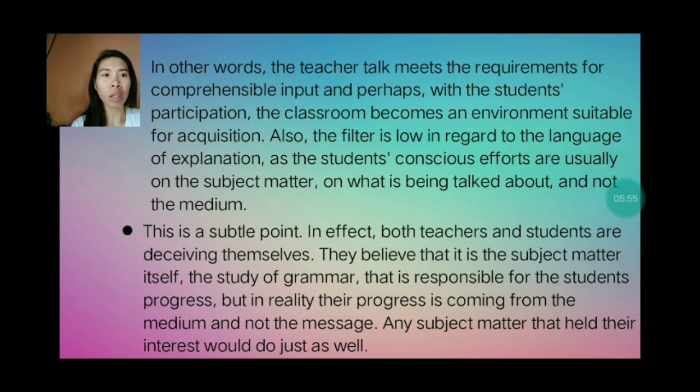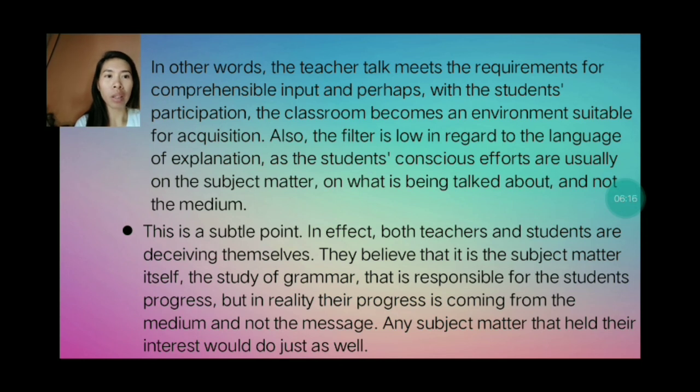Also, the filter is low in regards to the language of explanation, as the students' conscious efforts are usually on the subject matter, on what is being talked about, and not the medium. This is the subtle point. In effect, both teachers and students are deceiving themselves.